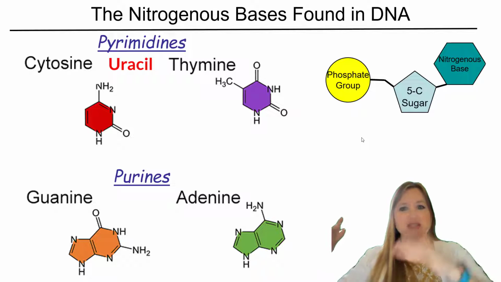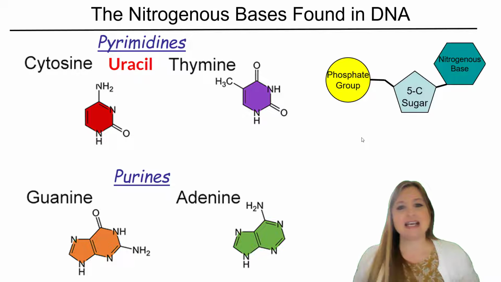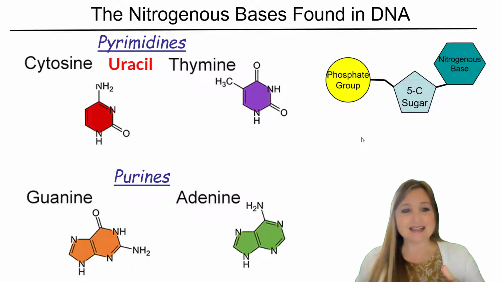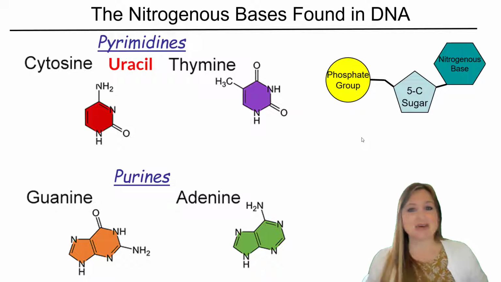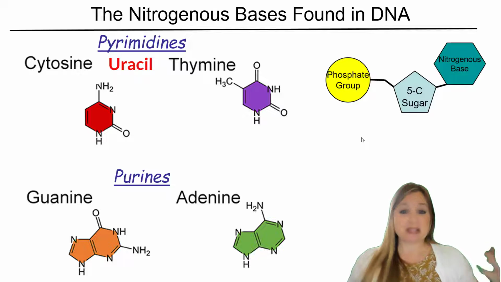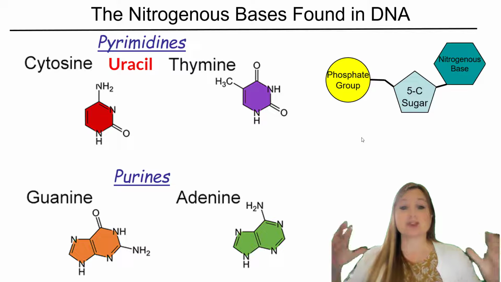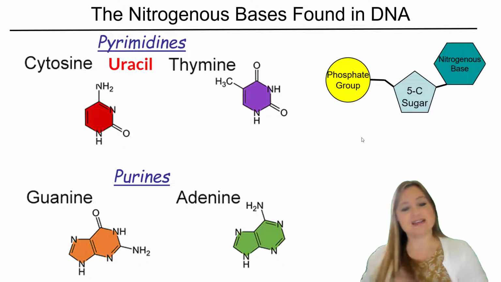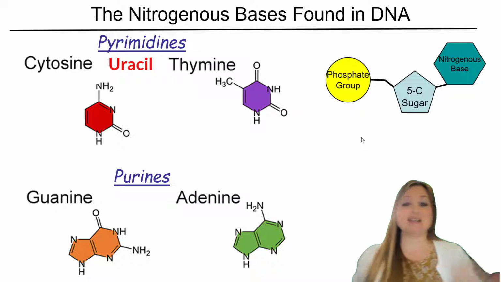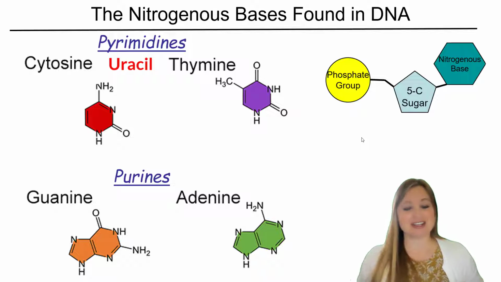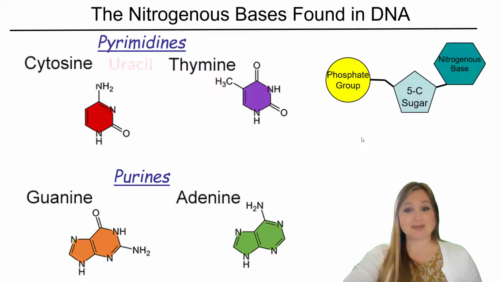C-U-T, cut from big stones. C, U, and T are the three pyrimidines that we find in nucleic acids. So cytosine, uracil, and thymine are the pyrimidines. That leaves the other two, guanine and adenine, to be the purines. That's how I remember that, and I thought I'd share just in case it can help you as well.